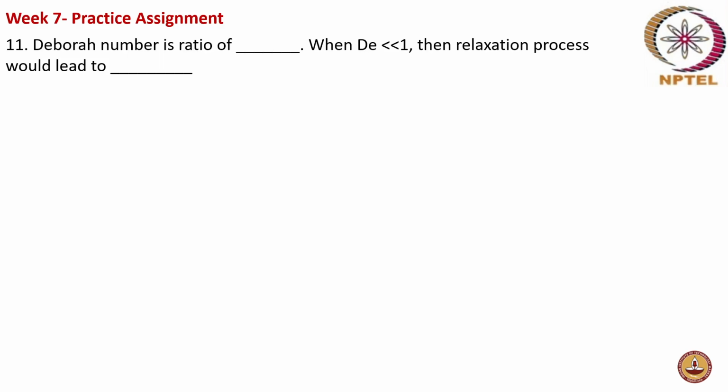Deborah number is a ratio of dash. And the next part of the question is, when Deborah number is very small, then the relaxation process would lead to dash.